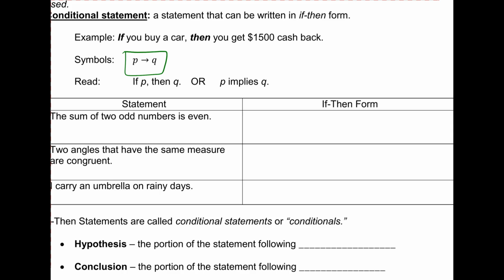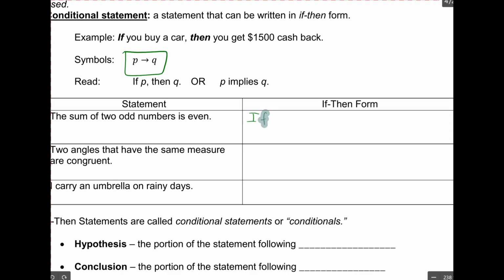All right, the statement: the sum of two odd numbers is even. What would the if-then form be? How could I rewrite this? The earlier statement would have been, you get $1,500 when you buy a car. Here, if you add two odd numbers, then the sum is even.